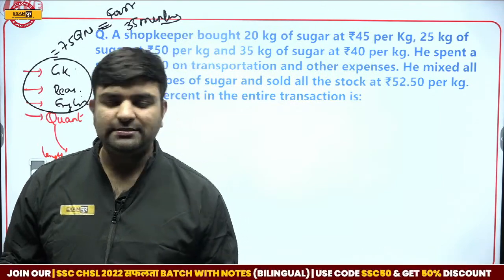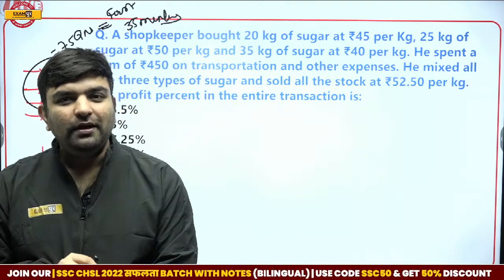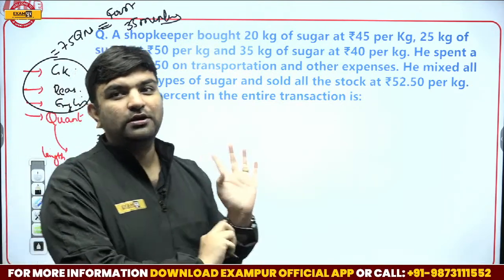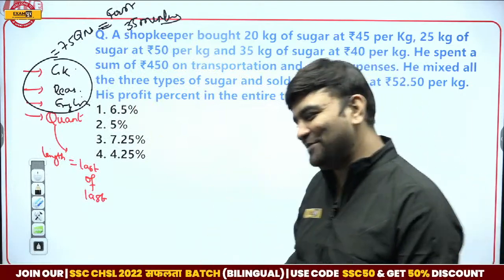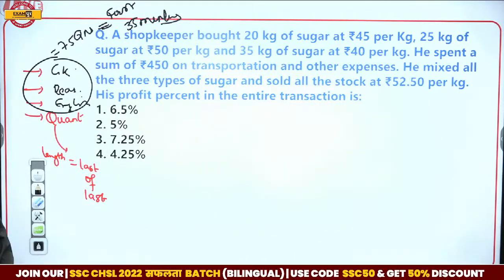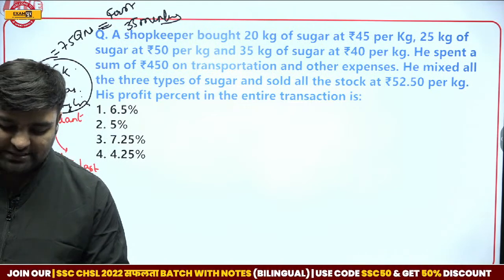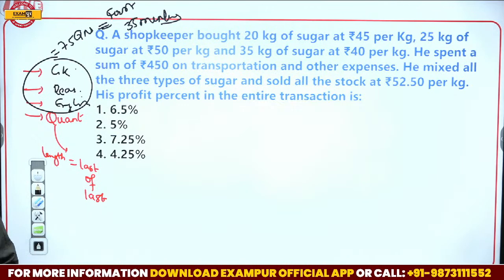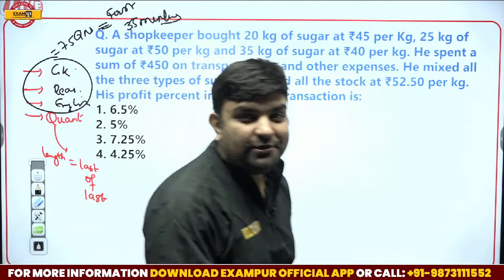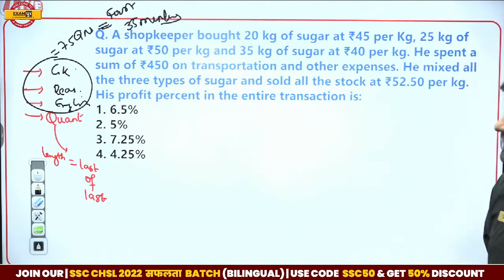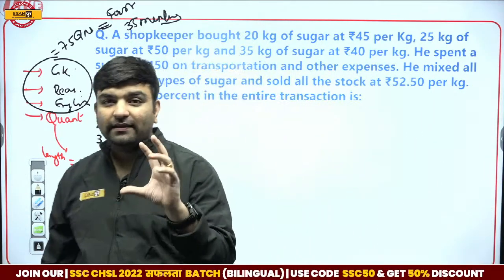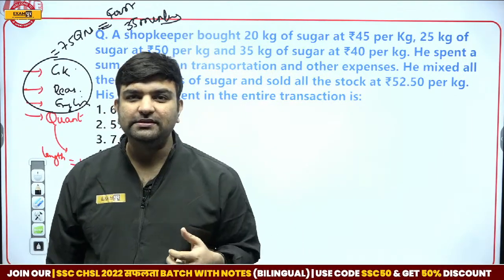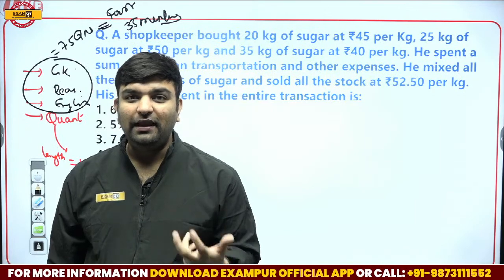If I can do good at quants, I'm a hero. If I will not be able to do that much good in quants, then also I'm not zero, because I've already finished 75% of the paper. Your 75% of the paper is done in the first 35 minutes, so you have eliminated the luck factor.